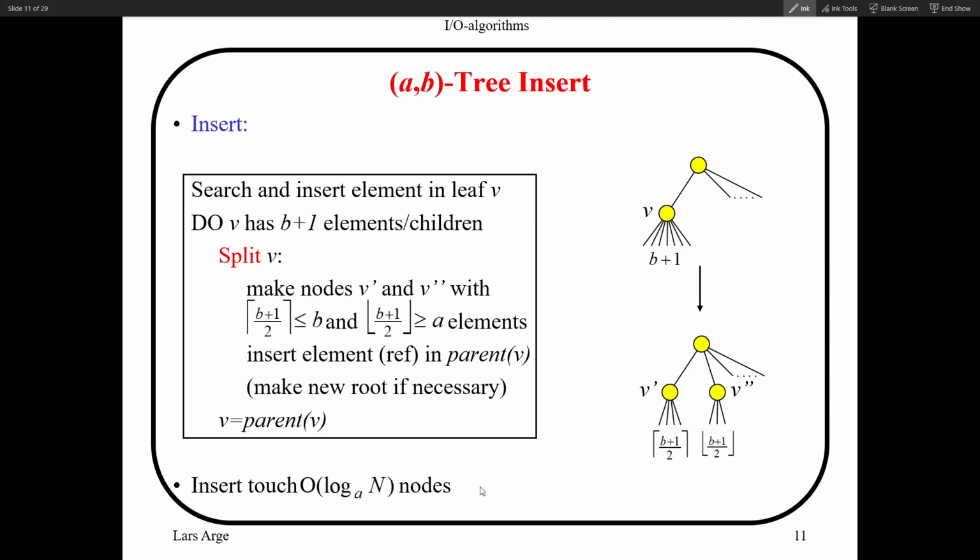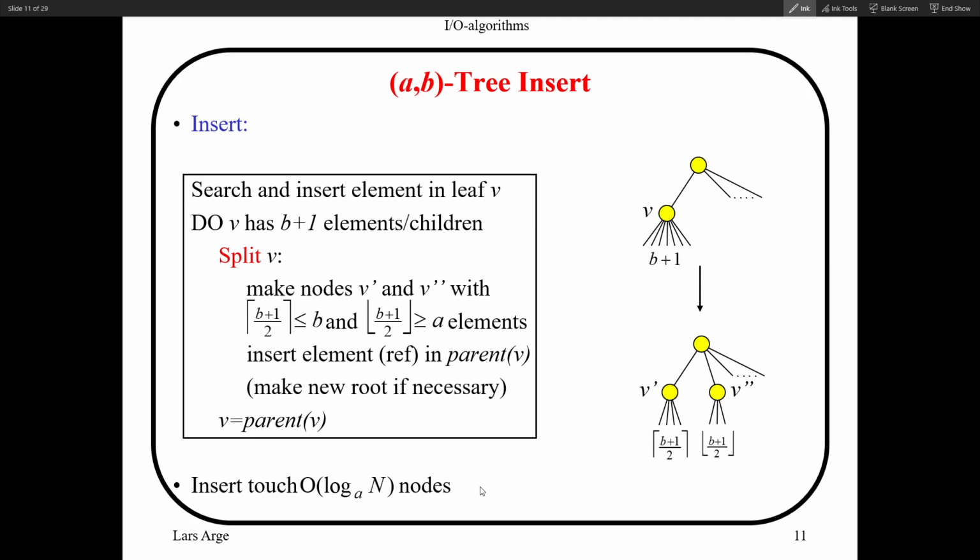First, we're going to look at insertion because that's a little bit simpler compared to deletion. To do insertion, first we have to do a search operation to find where this element will be inserted. Remember that these trees are search trees, so we can easily search in log base A of n time.